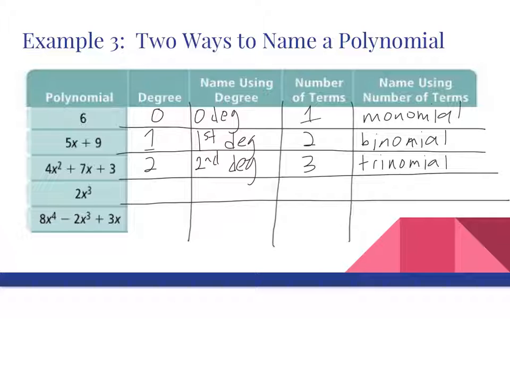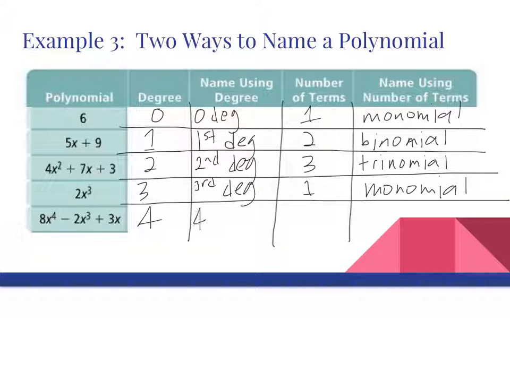In the fourth example, the degree is 3, so it's a third degree polynomial. Number of terms is 1, so it's a monomial. Finally, in the last example, the largest power of variables raised to is 4.